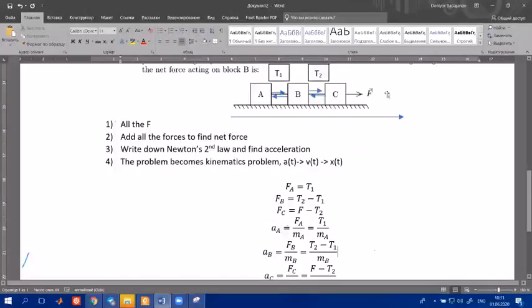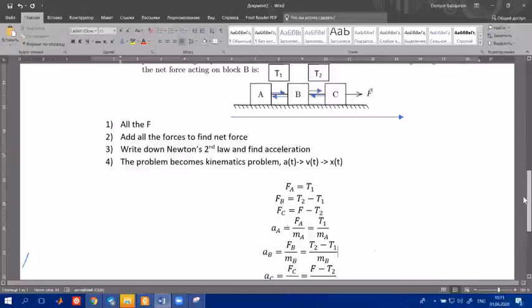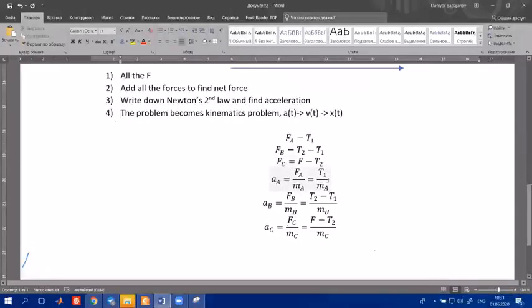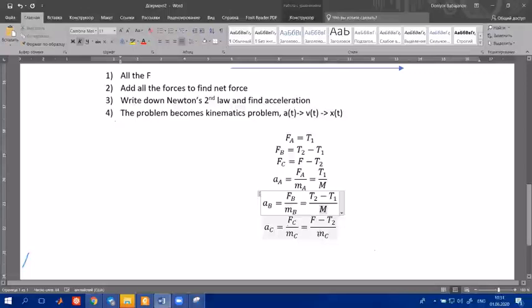We know only F and we know only masses. So it's written that each has mass m. So all the masses are equal to each other. So that's why we can write here that ma is equal to m, mb is also equal to m, mc is also equal to m.